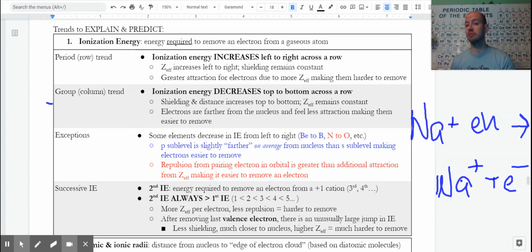We're talking about 5 to 6 times more energy because much closer, therefore much more attraction. So we definitely want to focus on the trends themselves, but ionization energy is the one where we can see, predict, and explain exceptions slightly more than some of the others, but also understand that this can be and often is a multi-step process that we can explain as well.